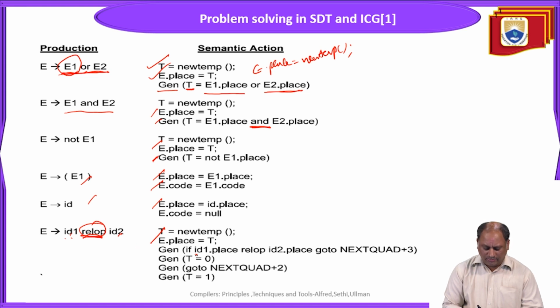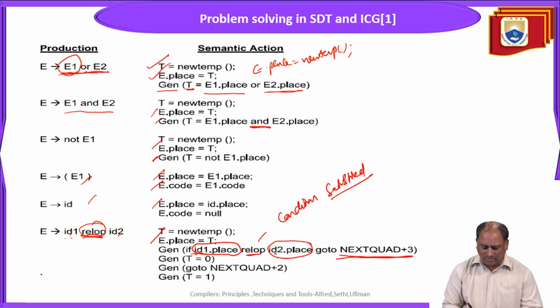So if identifier 1 dot place and identifier 2 dot place have the relational operator included between them, and it verifies and the condition is satisfied, then only it will go to the next quad plus 3. That means if the condition is satisfied, the result is true.